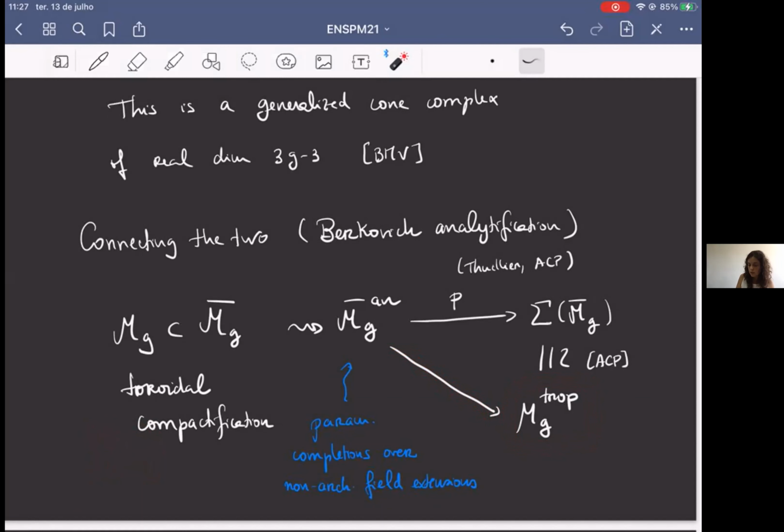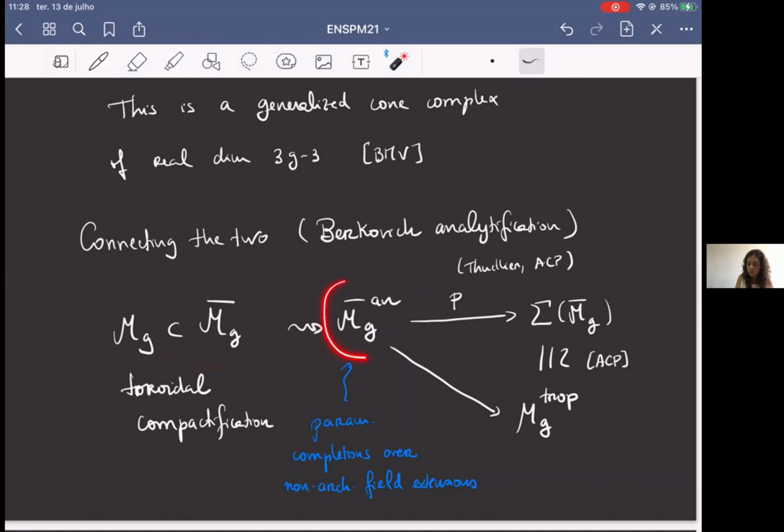So intrinsically, because you have a good compactification, you are able to construct a very big space. In this space you have a generalization of all the dual complexes of all normal crossings compactifications of your M_g.